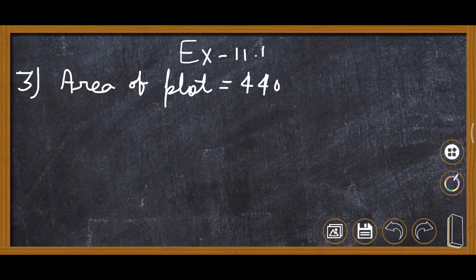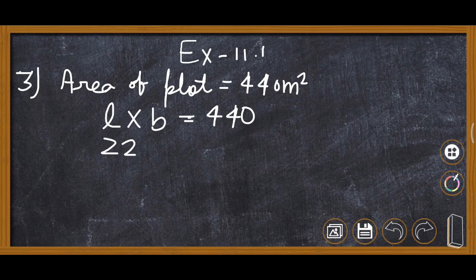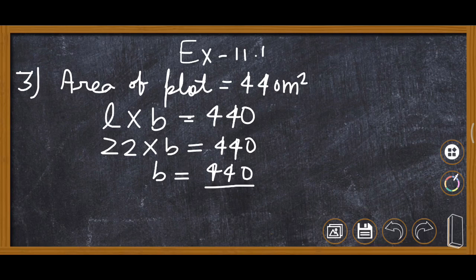So formula of area of rectangle is length multiply breadth, which is equal to 440. Now you can see in the question length is given 22 meter, so we will write 22 multiply b is equal to 440. Then this 22 is in multiply, so it will go in divide. So 440 upon 22. Now we will reduce this, 22 2s are 44. So breadth is equal to here 20 meter.